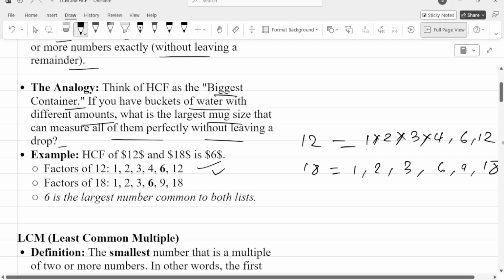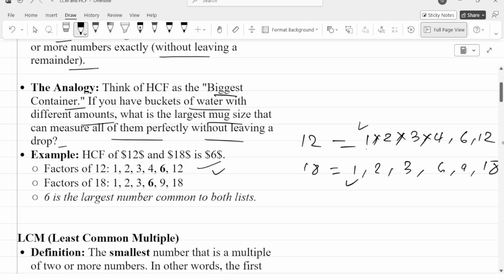For example, 1 is here and here. Now look for a greater value in both numbers. Yes, 2. Another is 3. 4 is missing. Another is 6, and 6 is in both. And 12, there is no 12 in the other. So the highest common factor is 6, which is available in both the tables of 12 and 18.